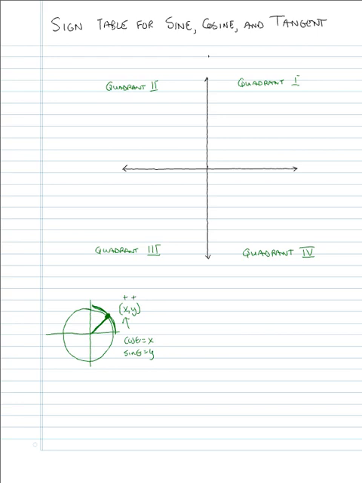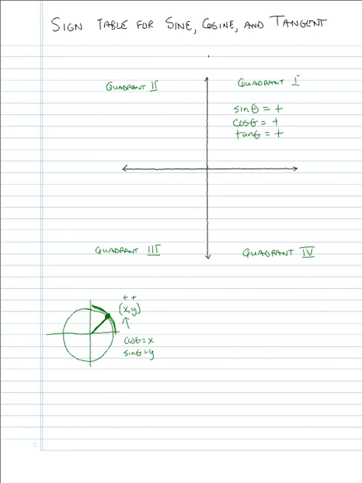So what we know is if our angle's terminal side is in quadrant 1, then the sine of that angle will be positive. And we know that the cosine of that angle will be positive. And we know that the tangent of that angle, since the tangent is sine over cosine, and both of those are positive, is also positive, isn't it?